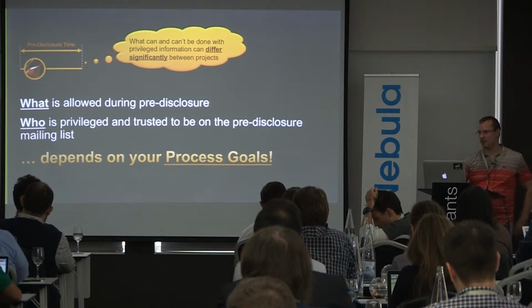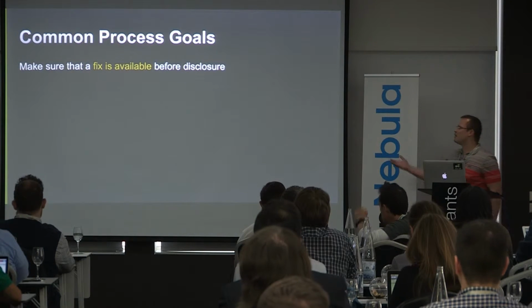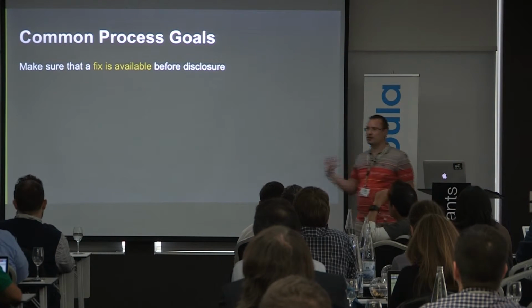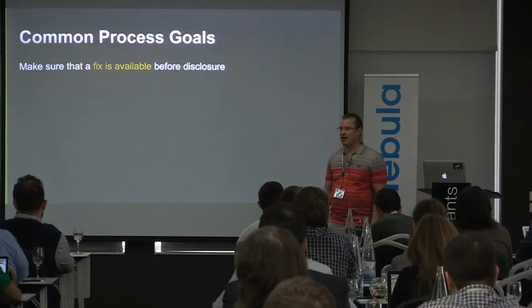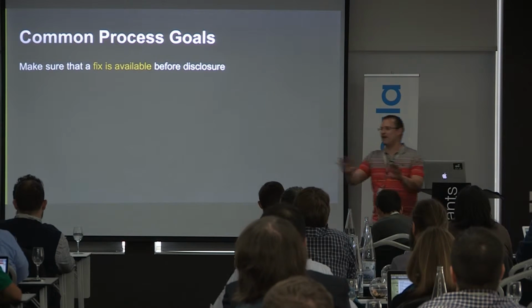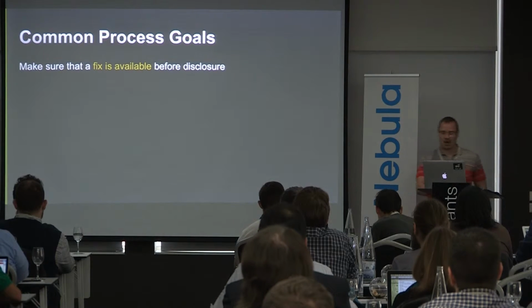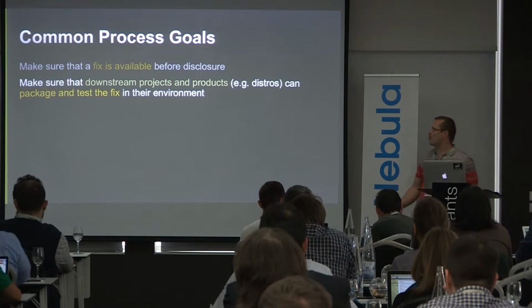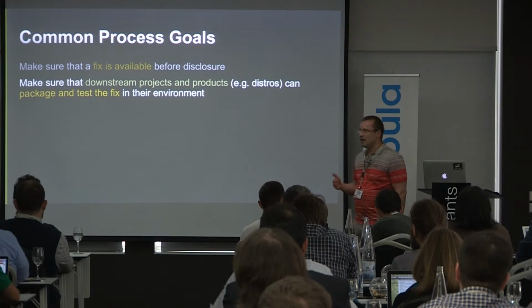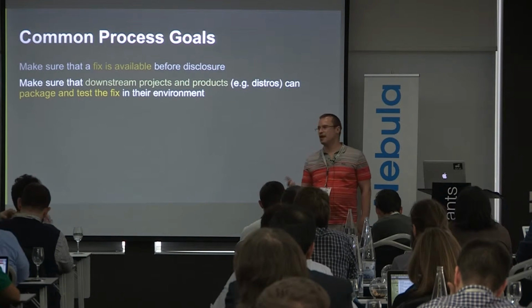Let's just look at a few common goals. The first one is obviously you want to ensure that a fix is available before the world starts knowing about it. Very common. That's what every project should have. Then another goal, which is very common, is to basically ensure the downstream projects.